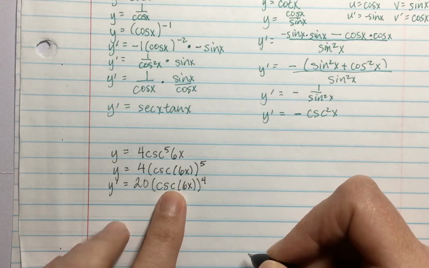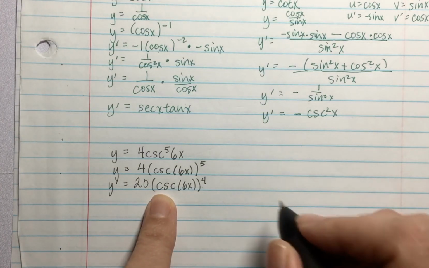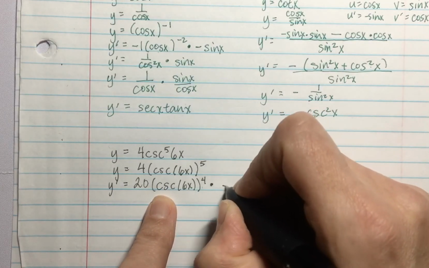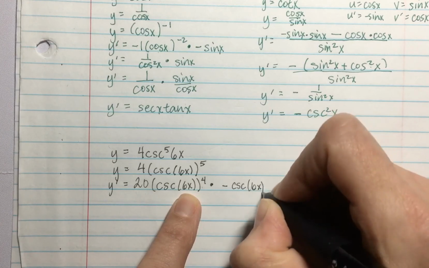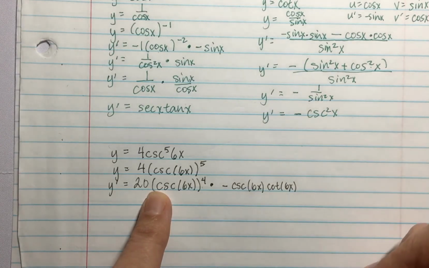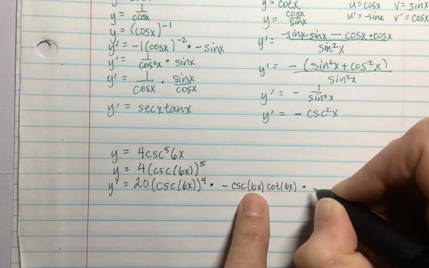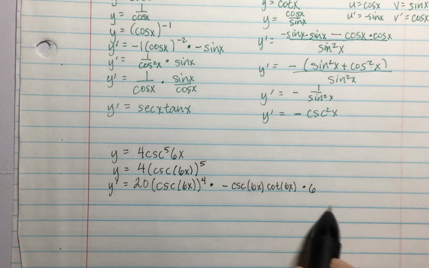So the derivative of cosecant is negative cosecant cotangent with insides the same, so times negative cosecant 6x, that stays in there, cotangent 6x. And now we do times the derivative of our inside, which is the derivative of that 6x, so times 6. If you're feeling motivated, you can totally clean this up.